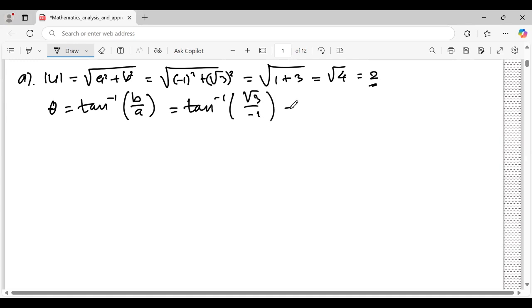Tangent, yeah, this one, tangent of minus square root 3. Sorry. Yeah.